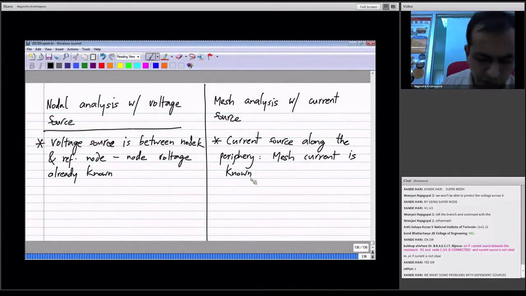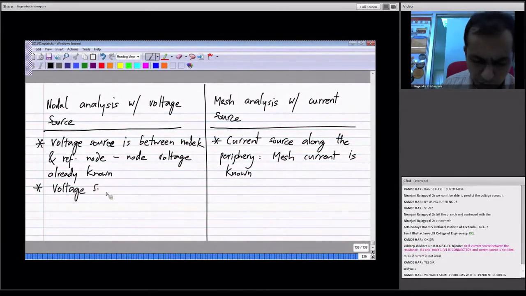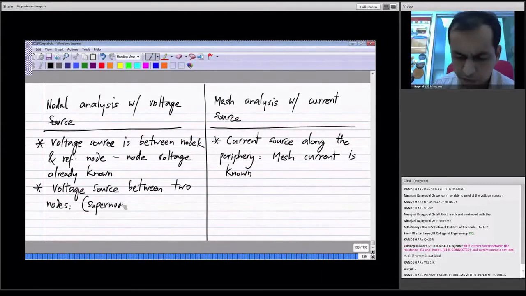And if you have a voltage source between two nodes, you define a super node, which is the combination of the two nodes. And if you have a current source common to two meshes, when it's on the periphery, it belongs only to one mesh.